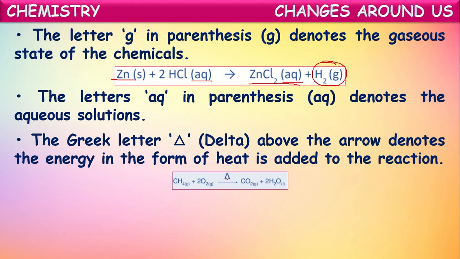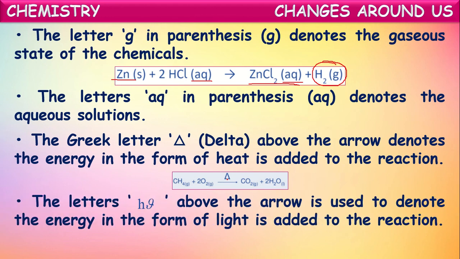If heat energy is utilized for a reaction to occur to form products, then the symbol delta is written on the arrow mark to indicate that heat energy is added. In the same way, the letters H nu above the arrow mark are used to denote that energy in the form of light is added to the reaction.